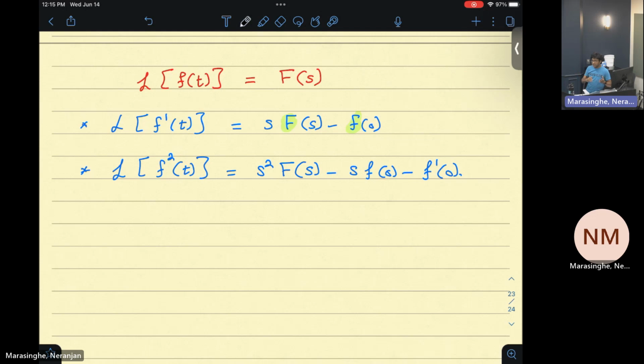Unstable means, suppose you have some tank and you are measuring the pressure in this tank, and with time the pressure is going to increase exponentially. Then what is the end result? The tank is going to collapse, right? So we would like to have some stability in our systems.